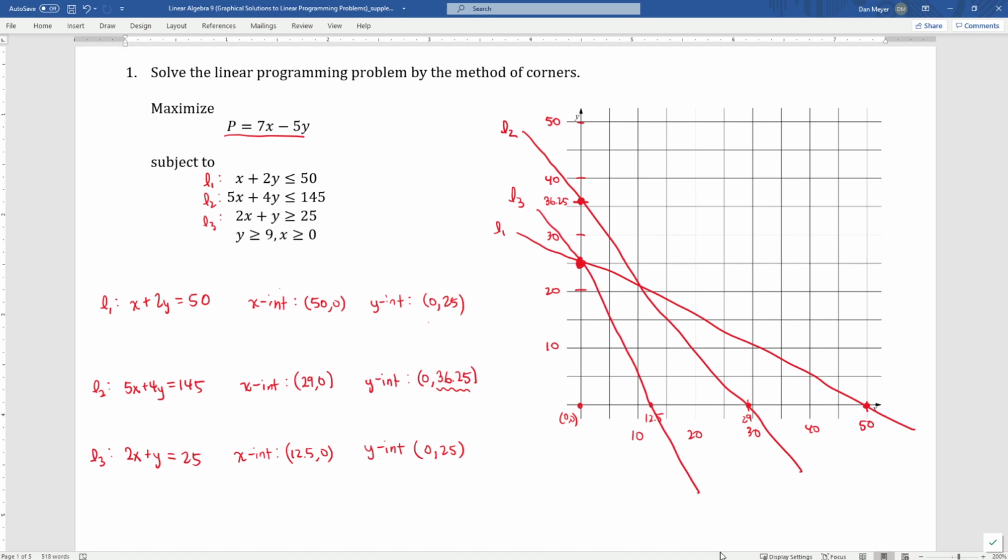And then we have y equals 9 that we have to draw in. That's a horizontal line passing through 9 on the y-axis. I guess we could call that line 4.